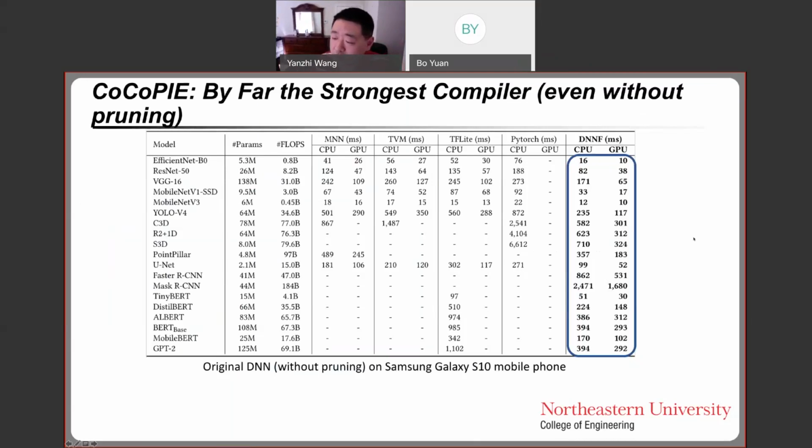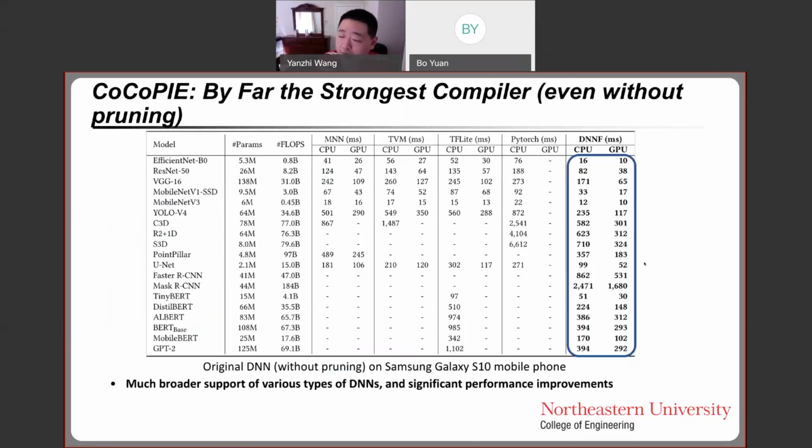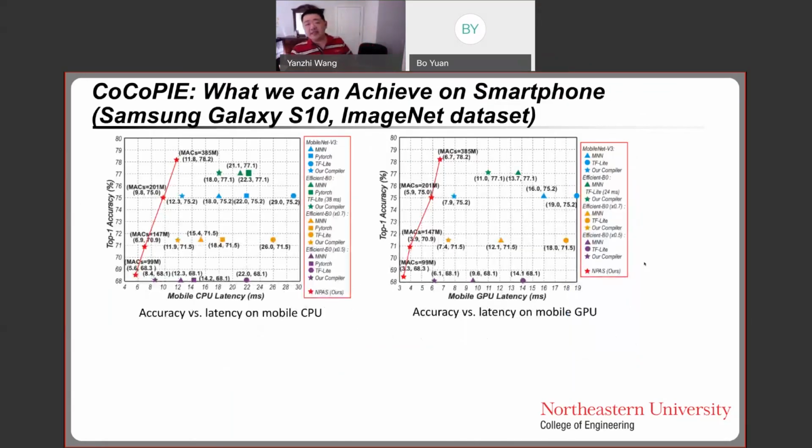We also support a much wider range compared with the prior work. So this is the reason that we are relying on our own compiler instead of the prior work. And this is through our compression-compilation co-design.